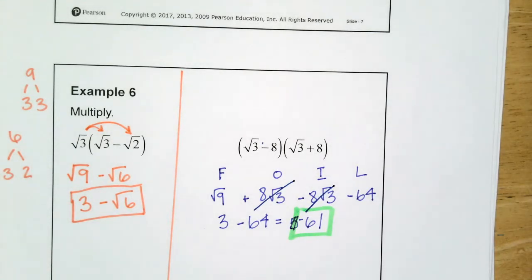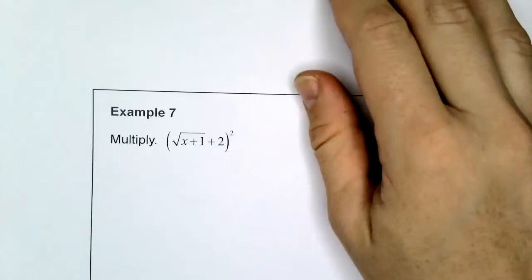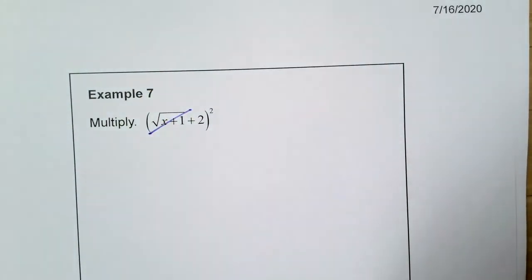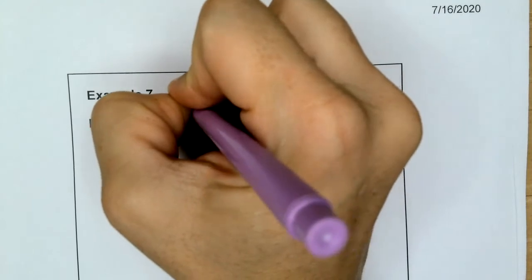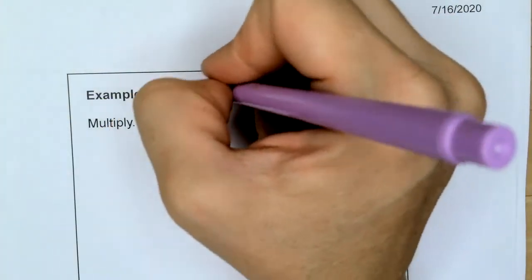All right, our final example. This is not going to be in my math lab or on any exam. So I'm going to change it to the √3 instead of the square root of x plus 1.